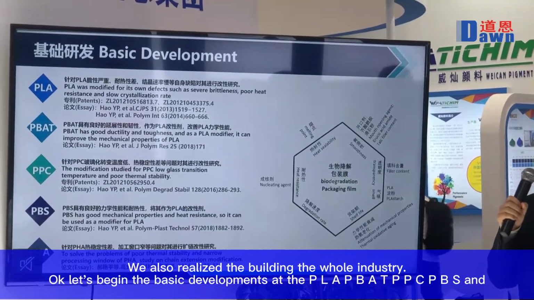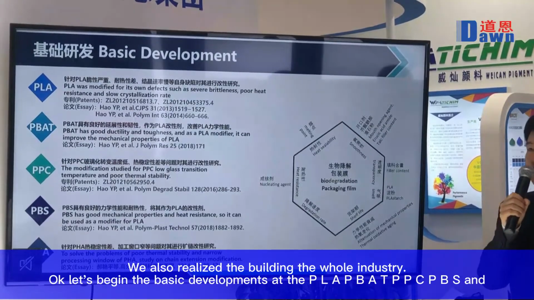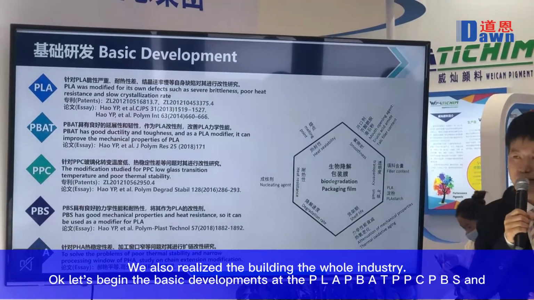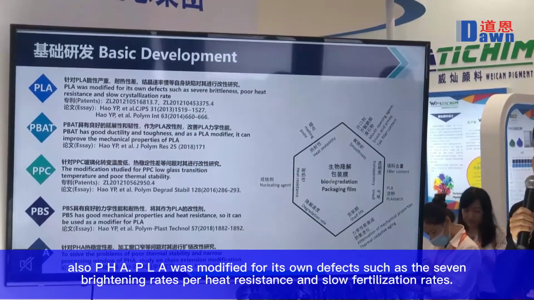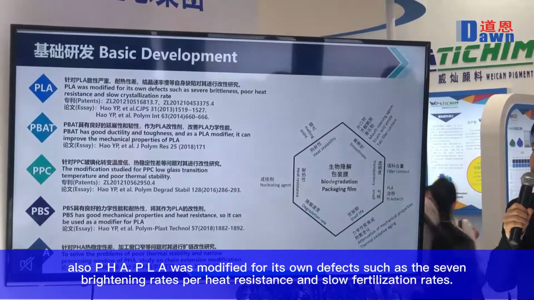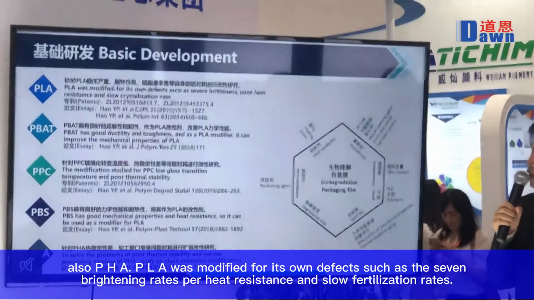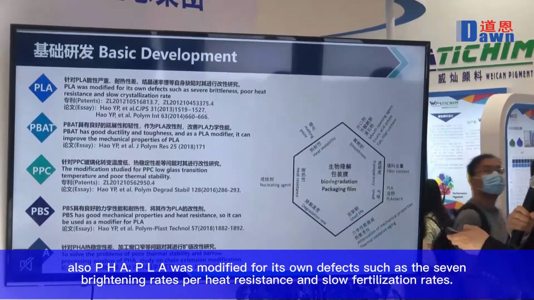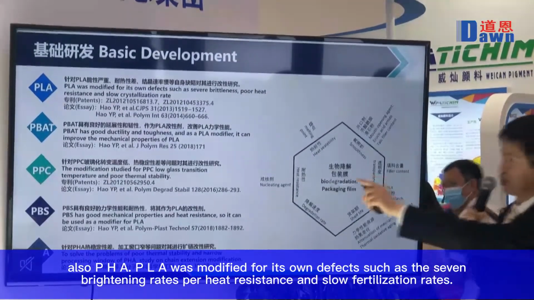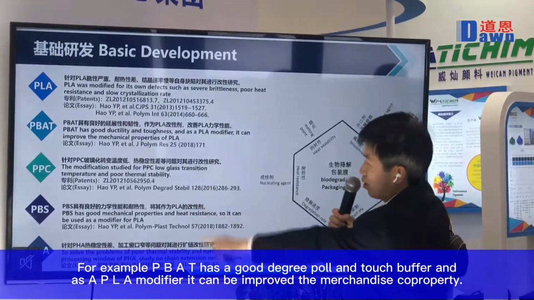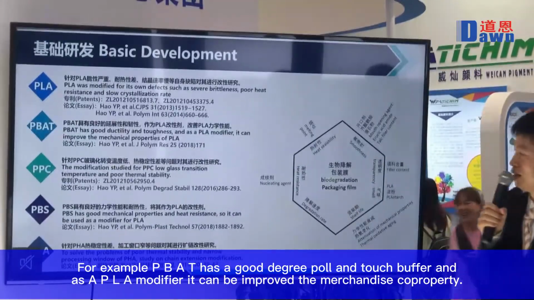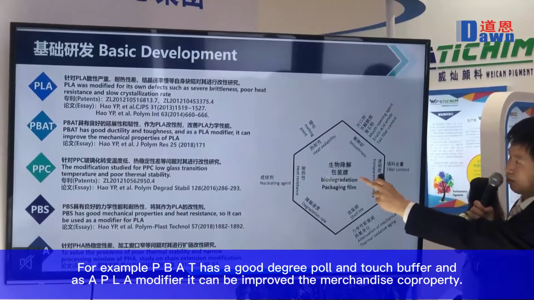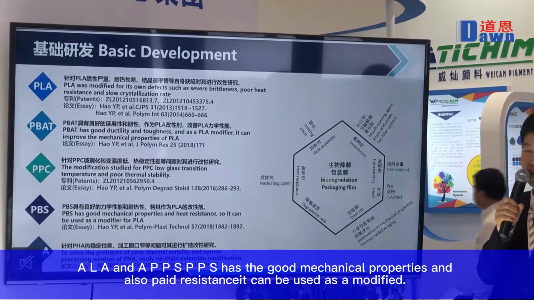Okay, let's begin with the basic development. It is PLA, PBAT, PBC, PBS, and also PHA. PLA was modified for its own defects such as brittleness, poor heat resistance, and slow crystallization rates. For example, PBAT has good ductility and toughness, and as a PLA modifier, it can improve the mechanical properties of PLA.